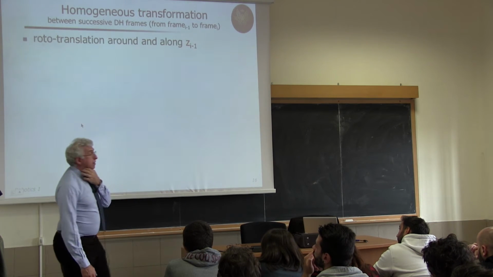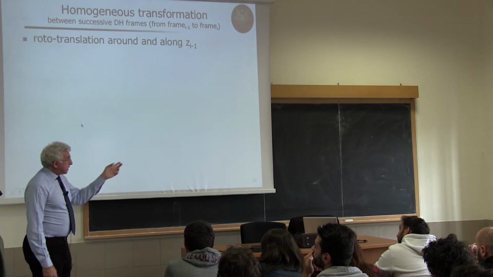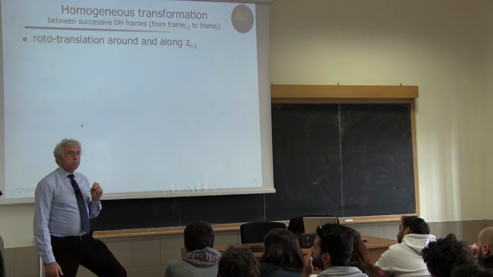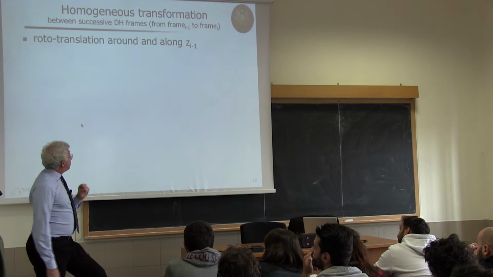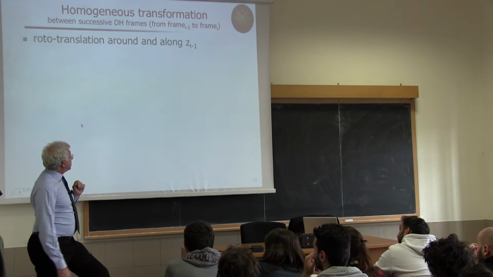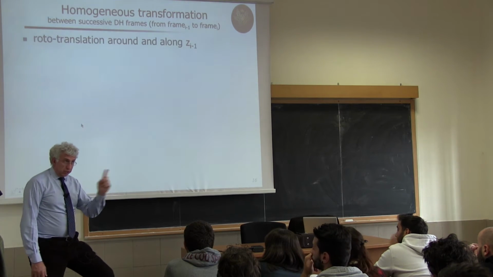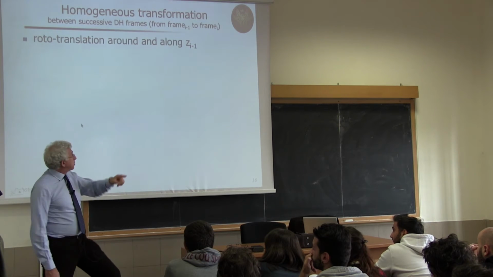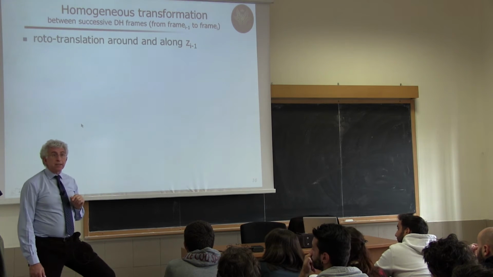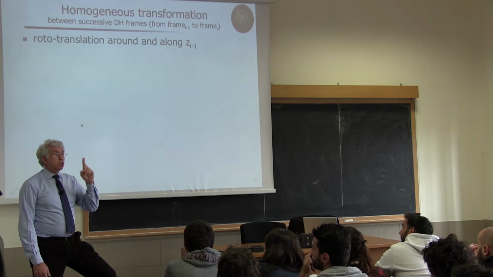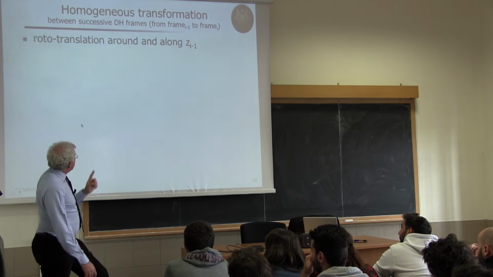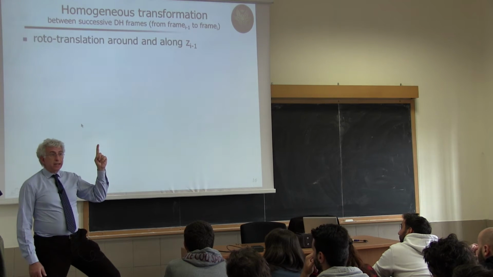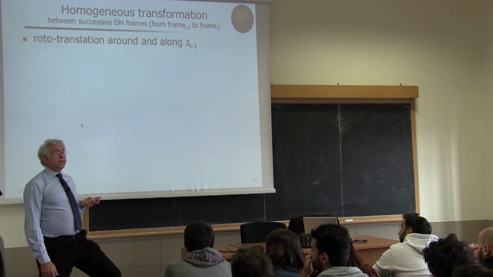The only care we have to take, and in this sense the previous video was incomplete, is which index carries those axes. In fact, the first is a rototranslation, rotation around and translation along the zi-1 axis, so the z-axis which is placed on joint I. Okay? So we translate by a quantity di, and we rotate by an angle theta I.